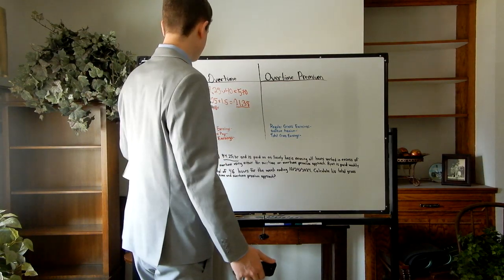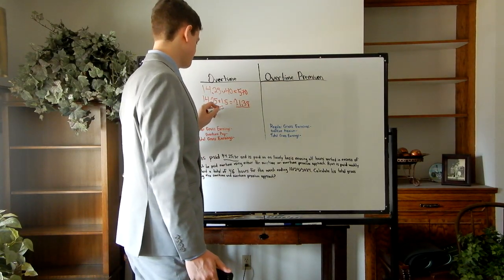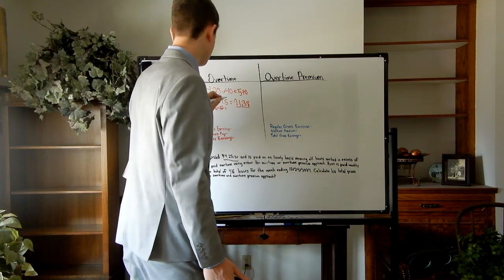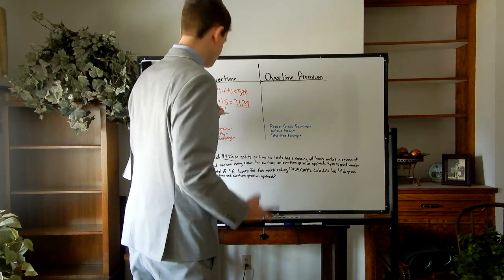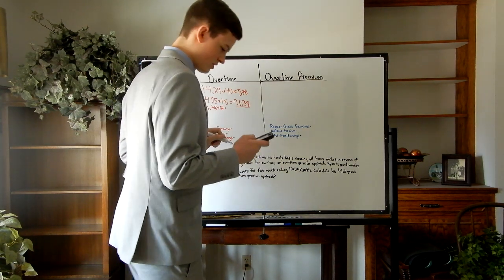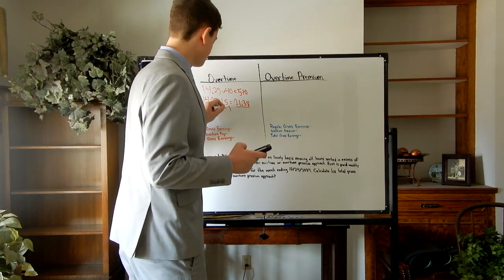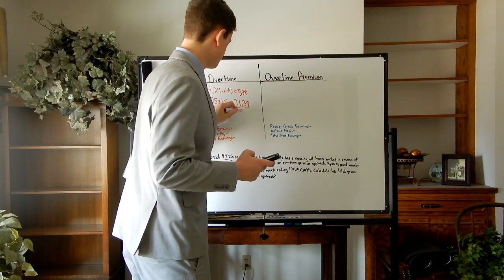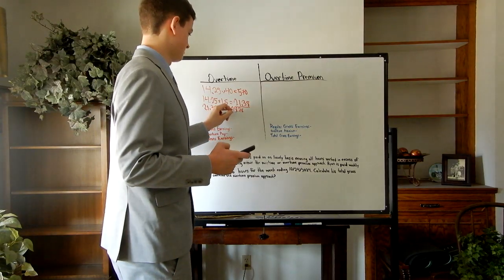Six. So $21.38 times 6 gives you your overtime earnings of $128.28.